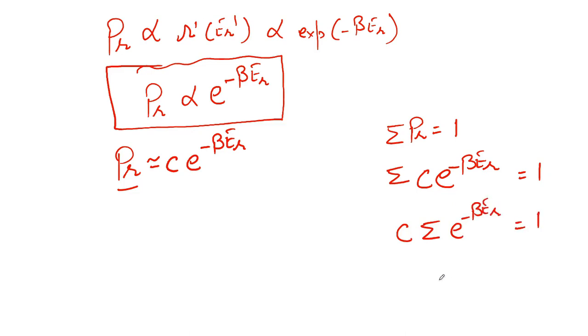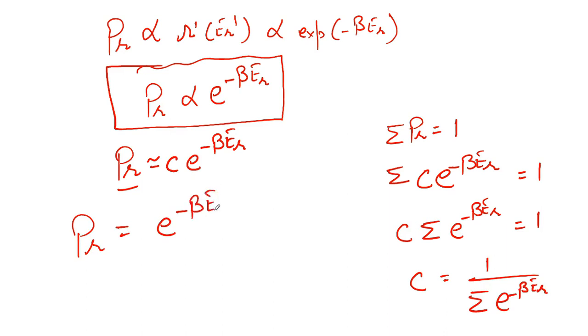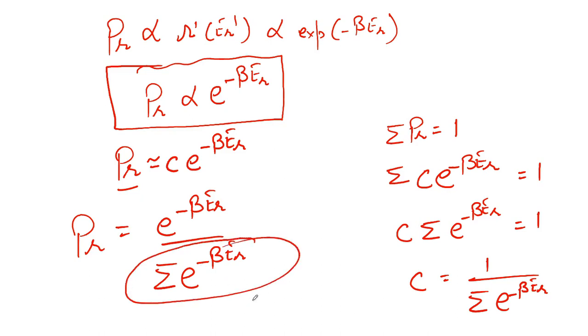So this C comes out to be 1 over the summation of exponential of minus B ER. So the relation of PR comes out to be exponential of minus B ER over the summation of exponential of minus B into ER, where this denominator term is generally known as the Boltzmann factor, or we also call it the partition function.